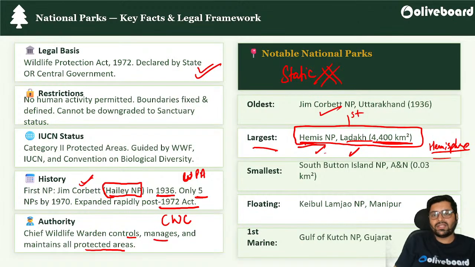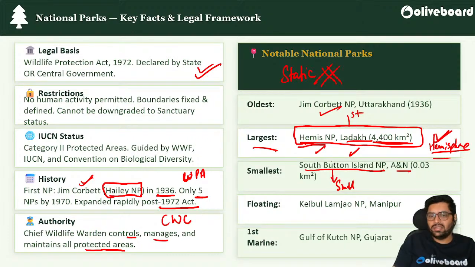The smallest is South Button Island National Park, Andaman and Nicobar. Now, Button is very small in size, so from Button, can you remember that? So South Button is small, and Hemis National Park is the largest.